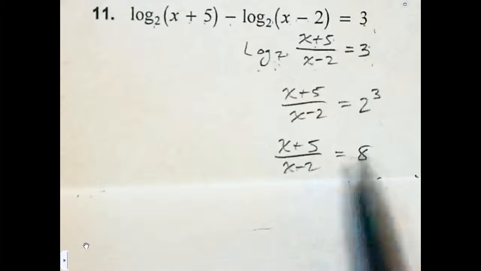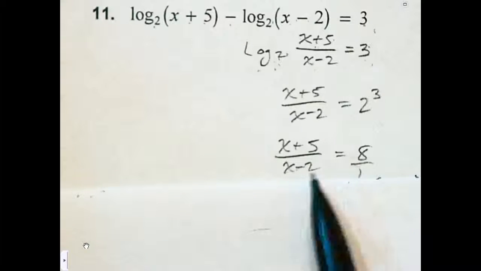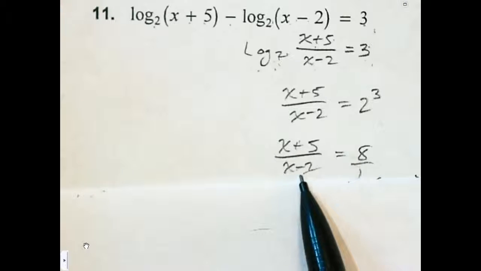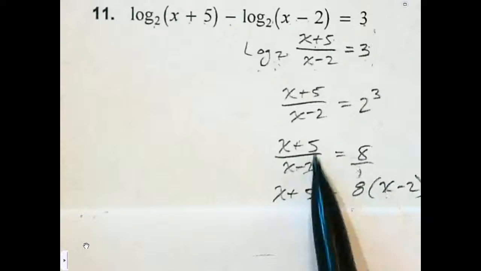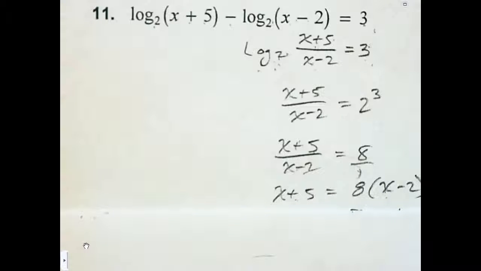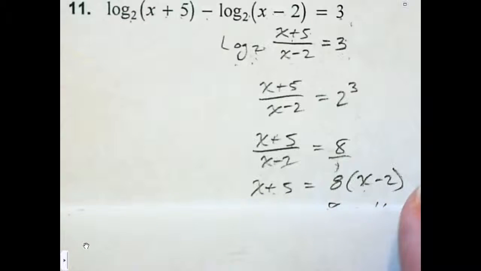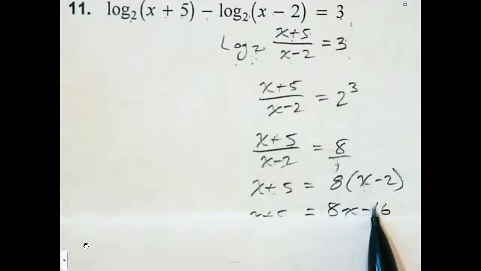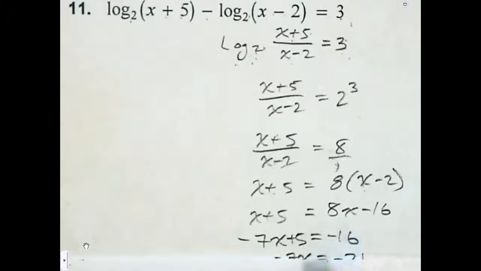From that, I would cross multiply to solve. So that gives me 8 times the quantity x minus 2 equals x plus 5. It's just a proportion, right? And then that's 8x minus 16. Move your 8x over, you get -7x plus 5 equals -16.